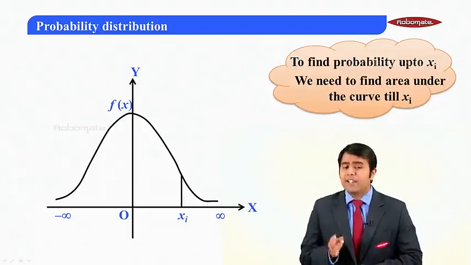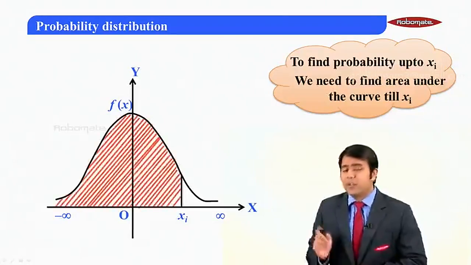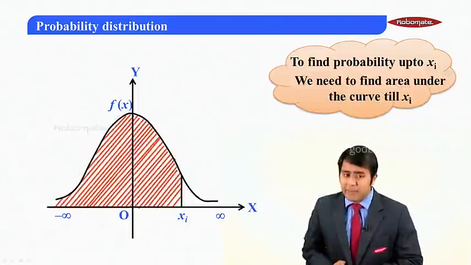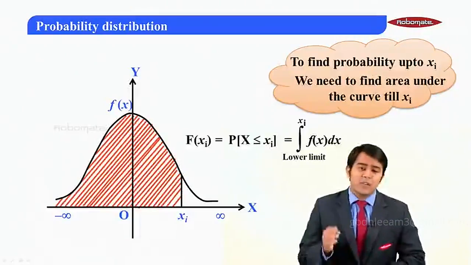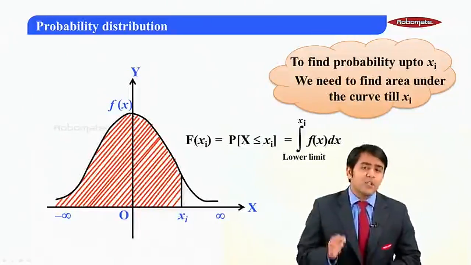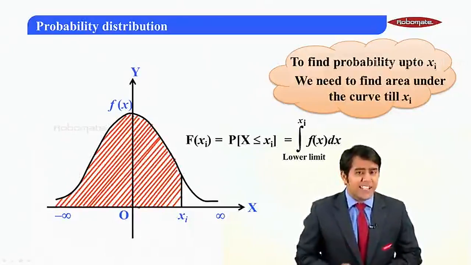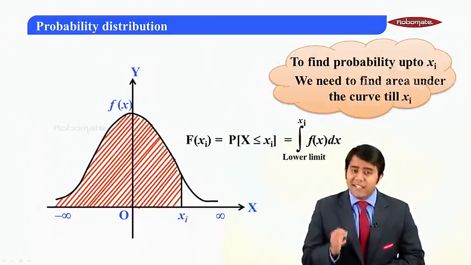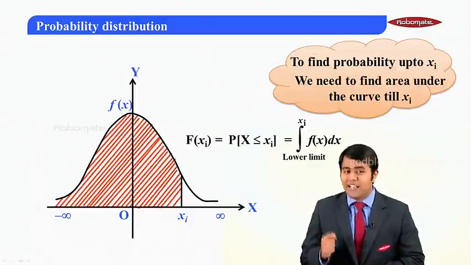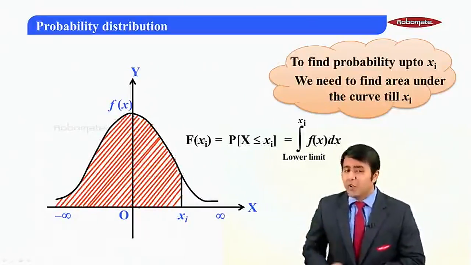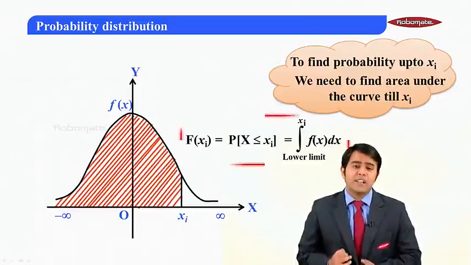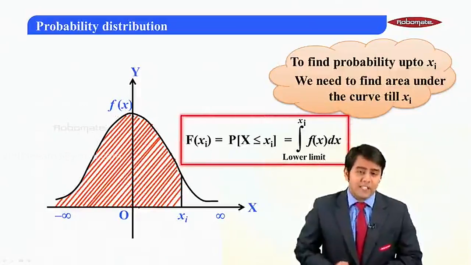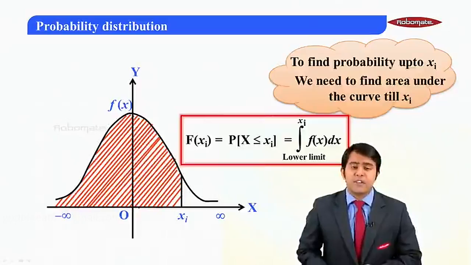Means if I draw this line, I need to find out this particular shaded area. So it is obtained using integration. So F of xi is equal to p of x less than or equal to xi, which is equal to integral from lower limit to xi f of x dx. Here the lower limit for the curve is minus infinity. So this is the value for F of xi, which is the cumulative distribution function.